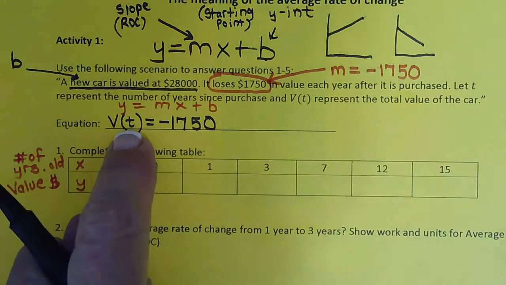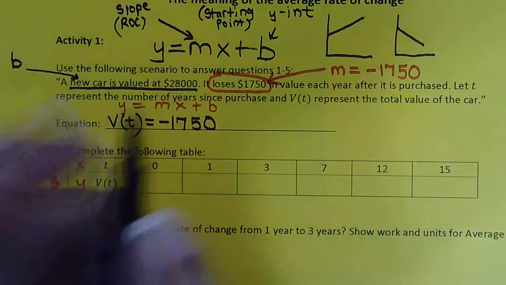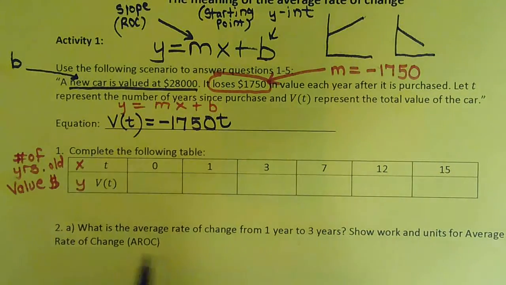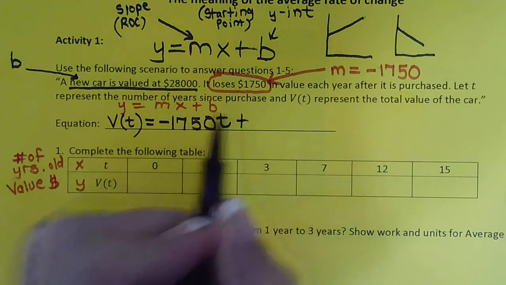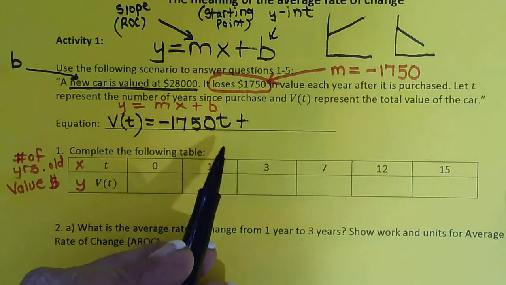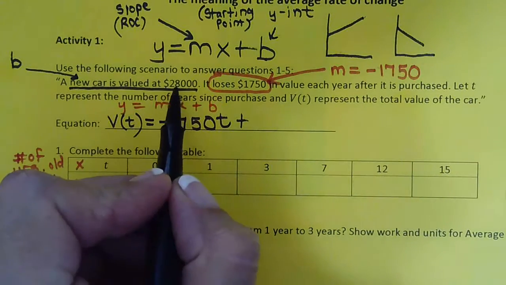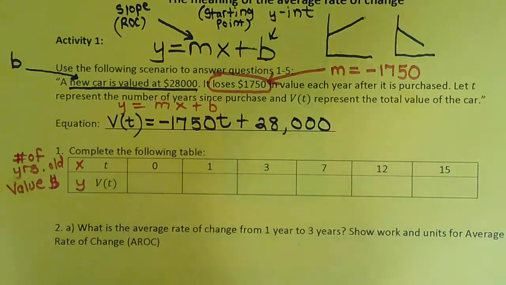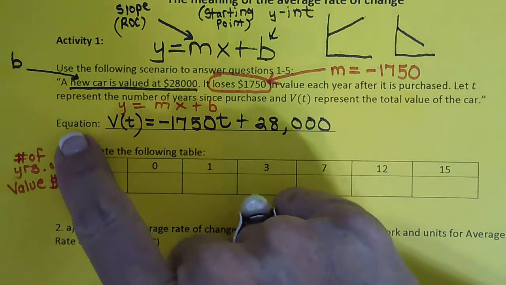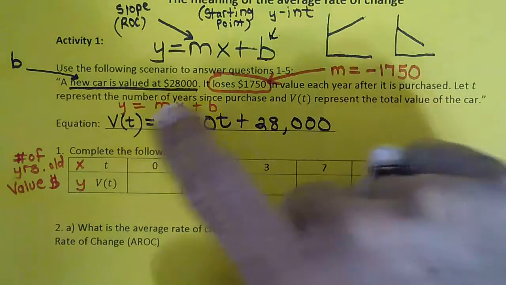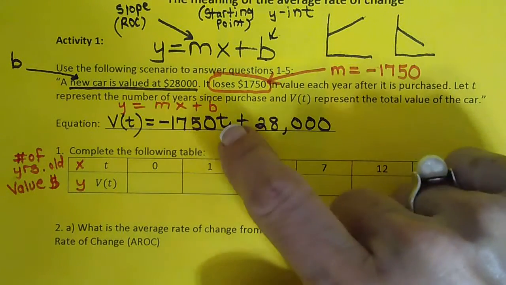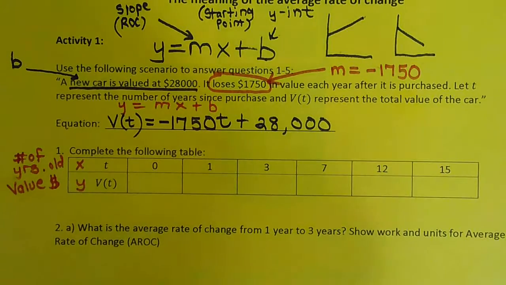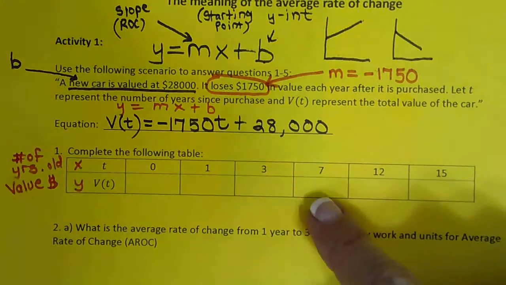X is always what's in parentheses. So it's my little t. And then plus, B is always my starting point, my starting value, the base pay, whatever. And in this case, the base is 28,000. So that's what you have to train yourself to do every single time you see write an equation. Write y equals mx plus b, and then read the problem and get these values from the problem and just replace them. So now that we have an equation, now we can easily complete the table.